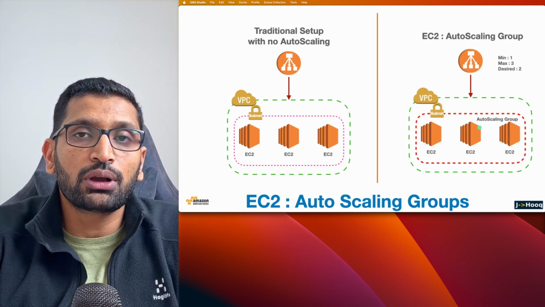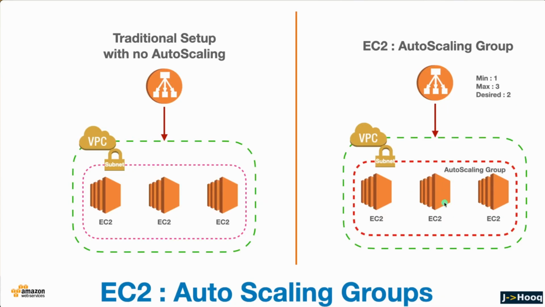So let's compare the two approaches. Here on the screen, you can see one is the traditional setup without auto scaling, and on the right hand side, you can see the EC2 auto scaling setup. Let's first take a look at the traditional setup where we don't have auto scaling. Here on the top, you will see a load balancer, and that load balancer will route the request to our VPC, then it will go into the subnet where we are provisioning our EC2 instances.